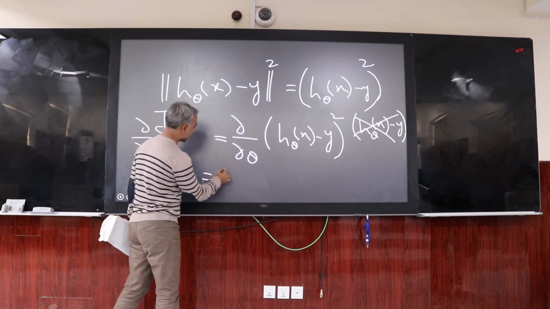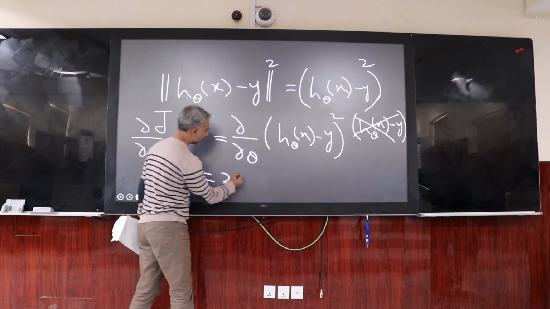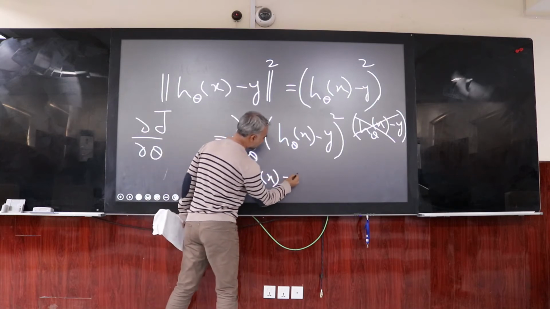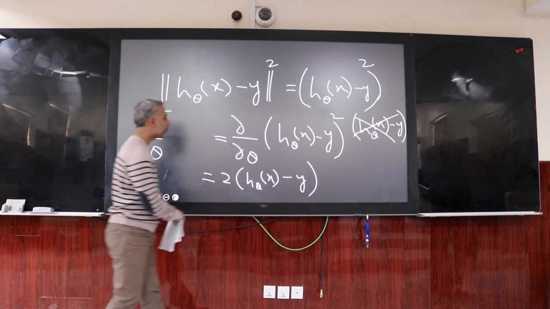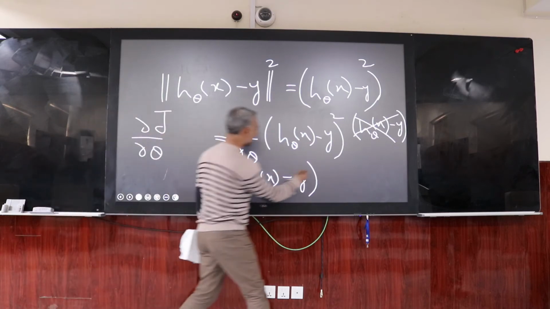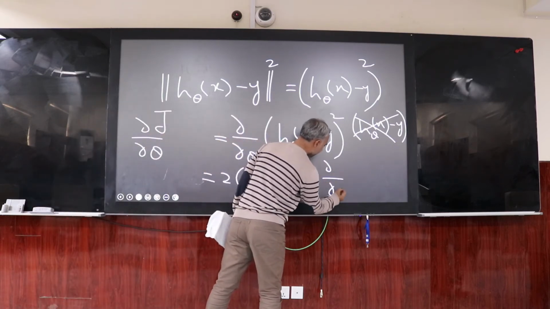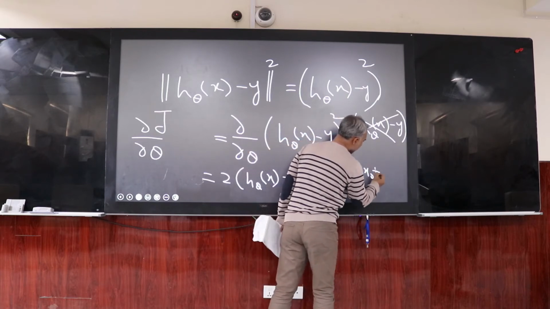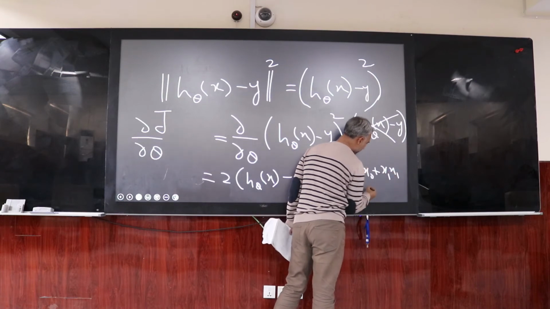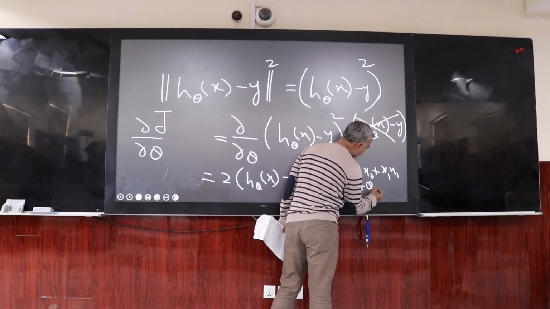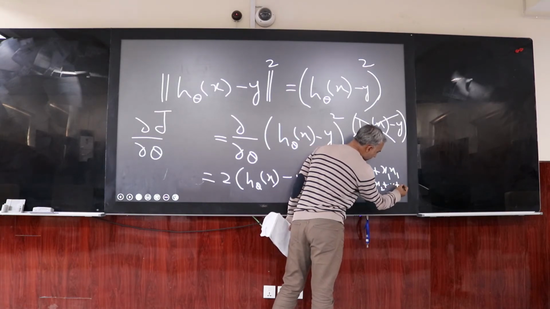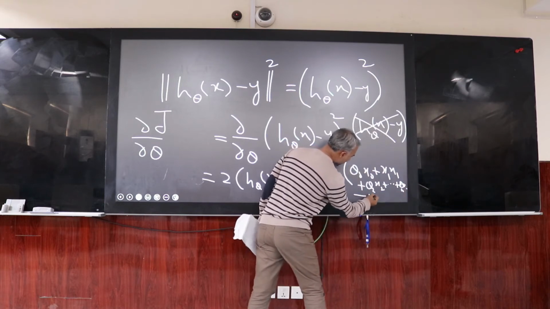So now we can write it as h(x) minus y, and what we will do here, the technical thing is theta naught x naught plus theta 1 x1 plus theta 2 x2 plus theta n xn minus y.